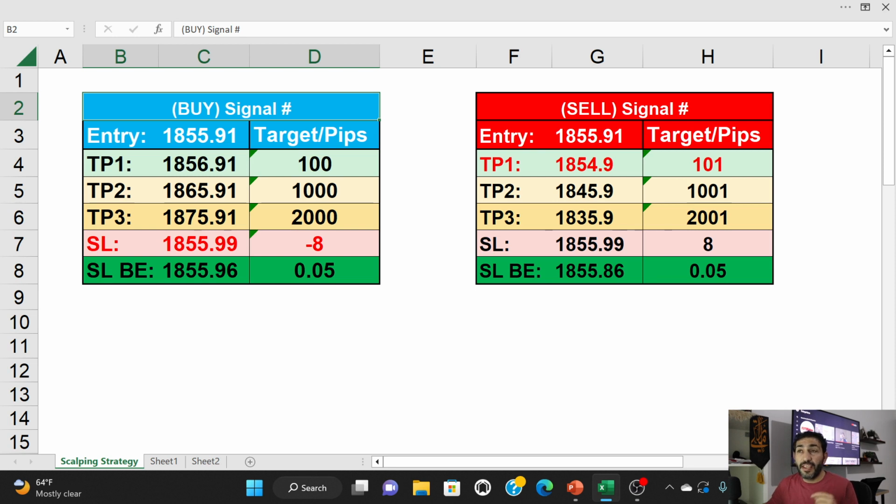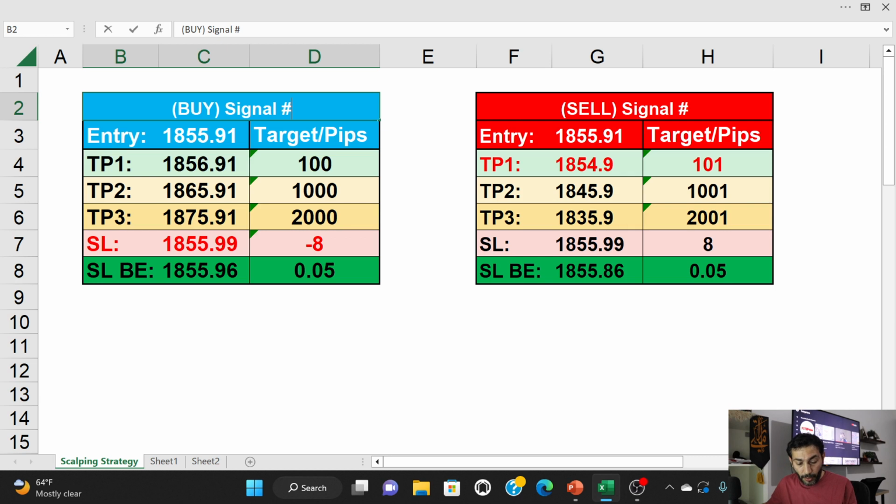So the first thing you're going to know: a blue color here in these two boxes means it is a buy trade. However, we are putting that it is a buy signal. And we have the signal number. So we say buy signal number, and we put the signal number.